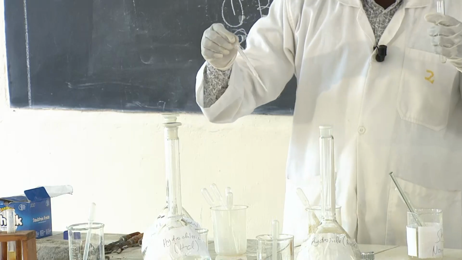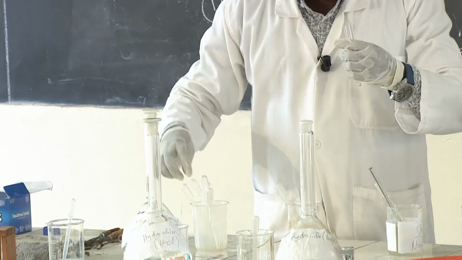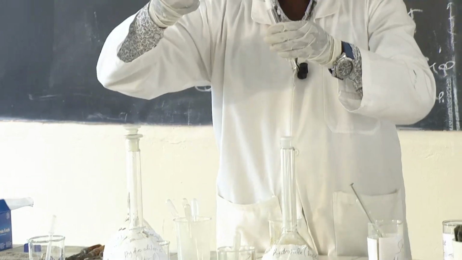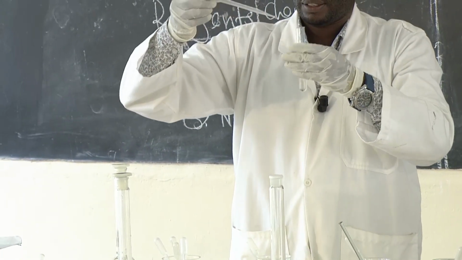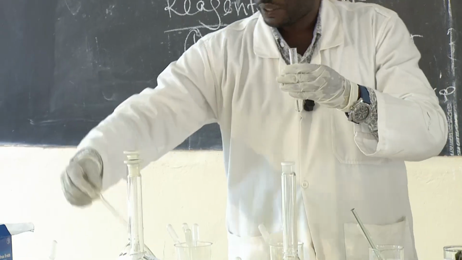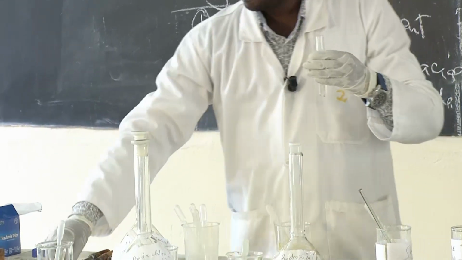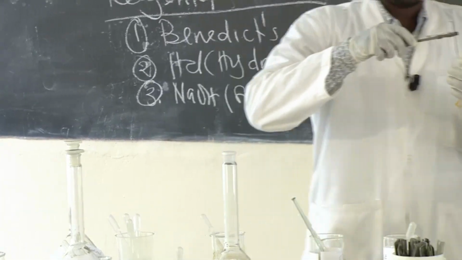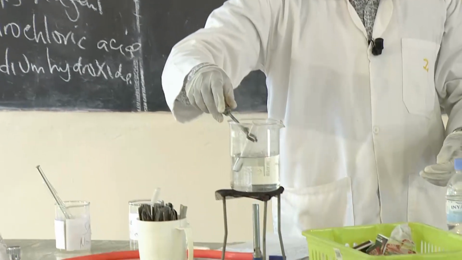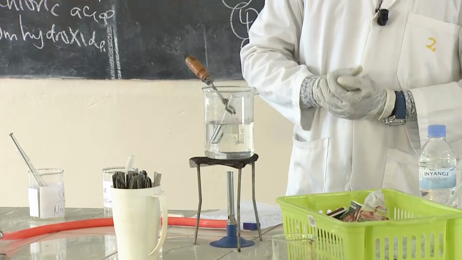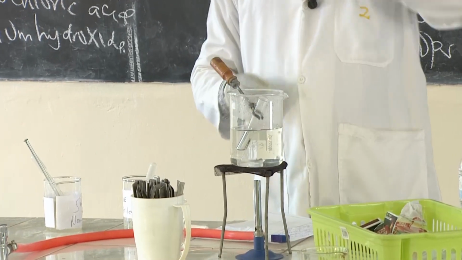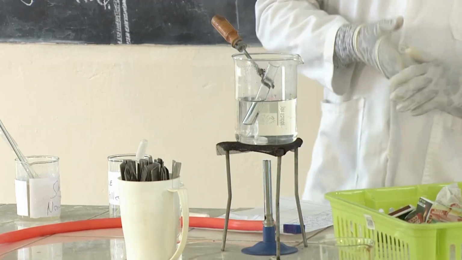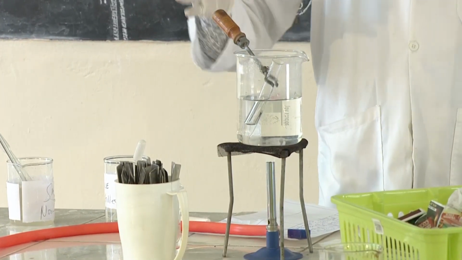I add some drops of hydrochloric acid. Then I put it into a water bath. From there, here, we are in a kitchen. Not in a kitchen, we are in a laboratory.